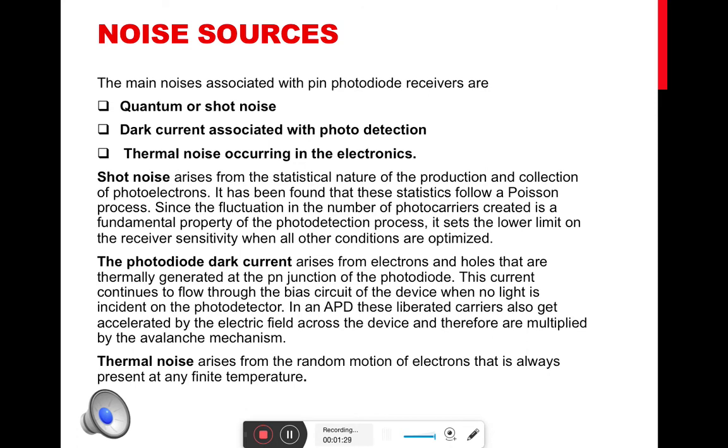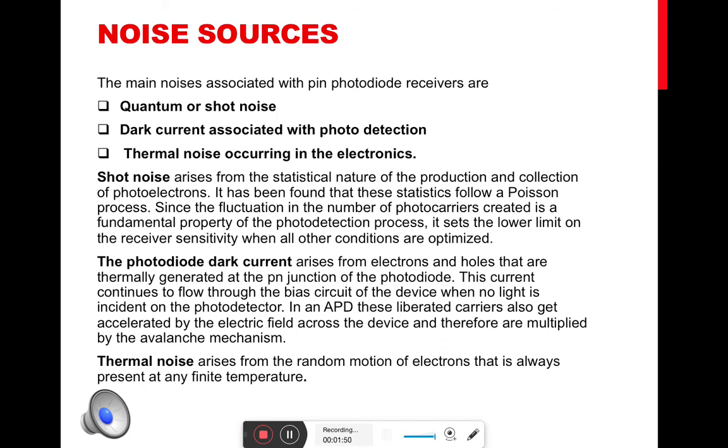The next type of noise associated with photodiode receivers is the noise from the dark current. Dark current is the current that flows through the photodiode when no light is incident on the photodetective material. Because of that current, there is a noise associated with it.